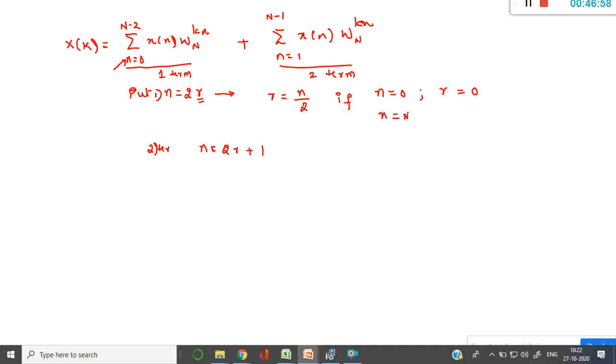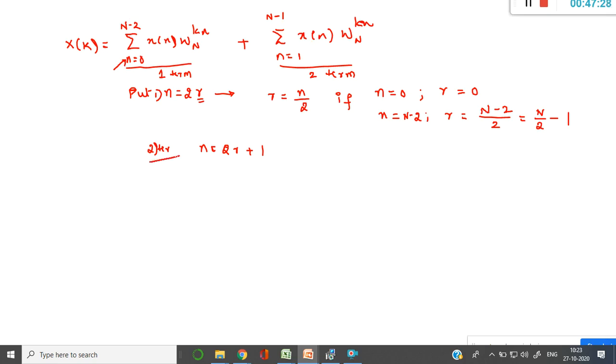If n equals the last value N minus 2, what happens to r? N minus 2 divided by 2, which is nothing but N by 2 minus 2 by 2, that is 1. So this is the last term, and that is the limit of the first term. Instead of this, I will put r from 0 to the last value N by 2 minus 1.